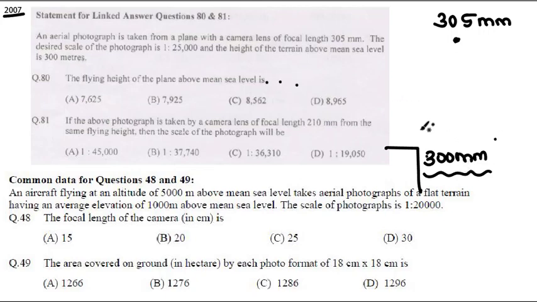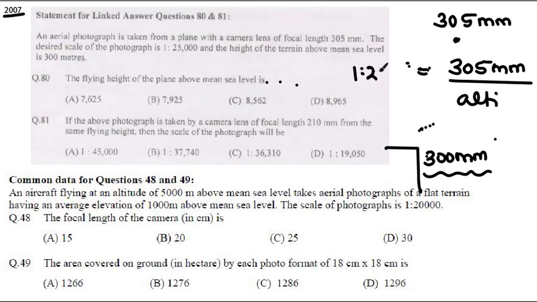Now, we know that aerial scale is equal to focal length upon altitude. So focal length is this one, upon altitude, and the scale is given as 1:25,000.